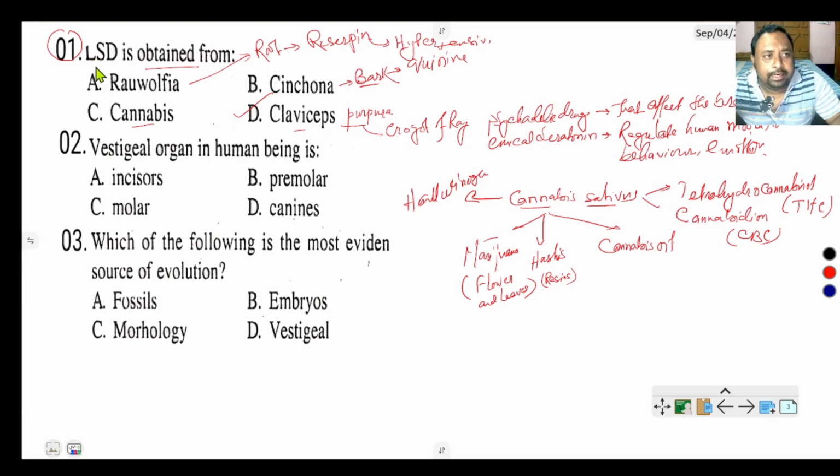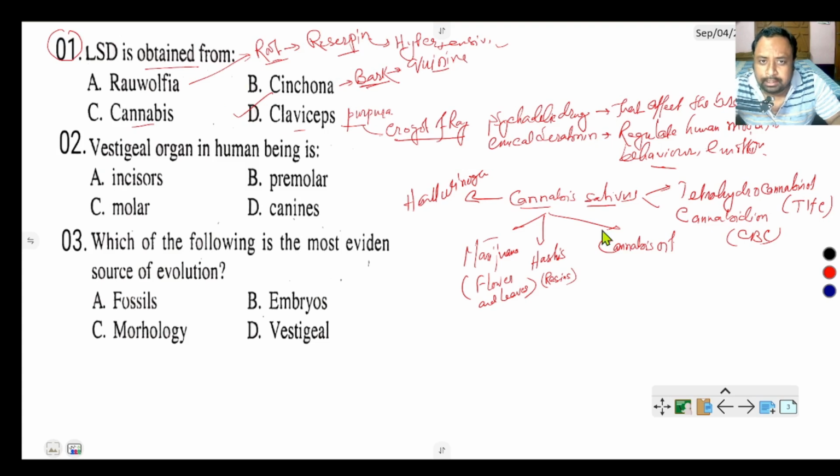So LSD is obtained from Claviceps purpurea. This fungus produces ergot of rye. It's a psychedelic drug that affects the brain neurotransmitter serotonin and changes our behavior. Another option, cinchona bark, is used to produce quinine, an anti-malarial drug. Rauwolfia serpentina root is used to produce reserpine, which is antihypertensive.